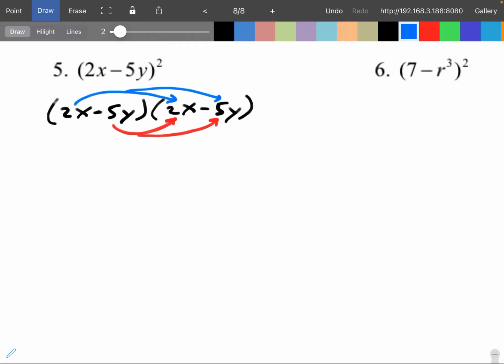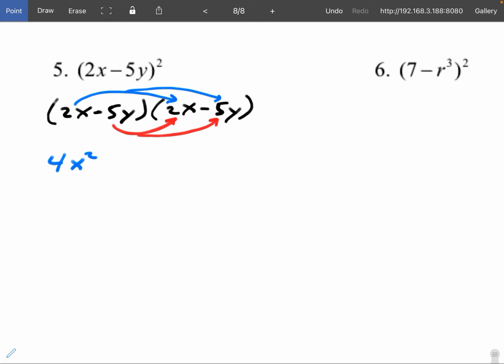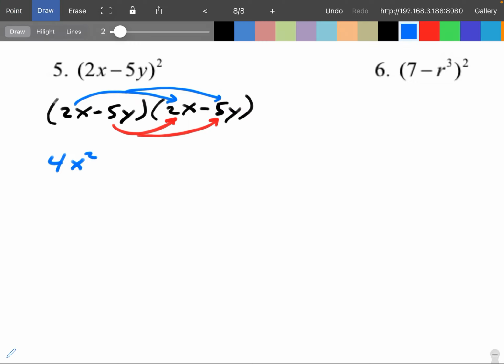So we start out in the blue here. We got 2x times 2x. 4x what? Squared. Yeah, 2 times 2 would give you the 4, and x times x would give you x squared. Then we're going to do the positive 2x times the negative 5y.